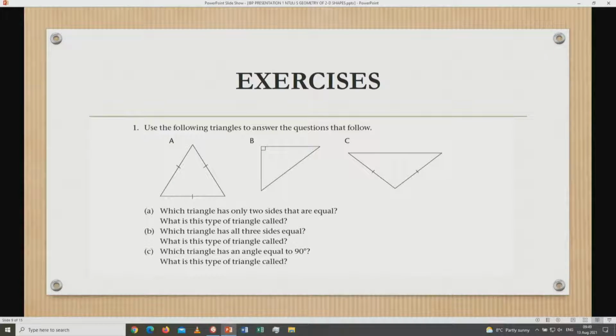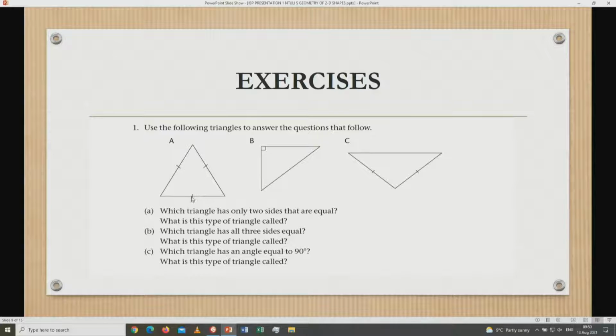Now let's see. Number B is asking us, which triangle has all 3 sides equal? Now we check there. 1, 2, 3, 1, 2, 3. We can see this triangle is triangle A. It has got 1, 2, 3 markings.